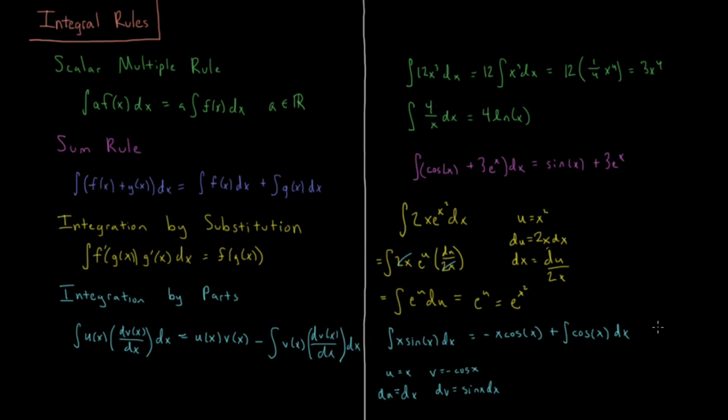This integral is equal to minus x cosine x plus sine x, since the integral of cosine x is sine x. So integration by parts is a matter of identifying which function is u, which is dv, then finding v and du and substituting in the appropriate parts.